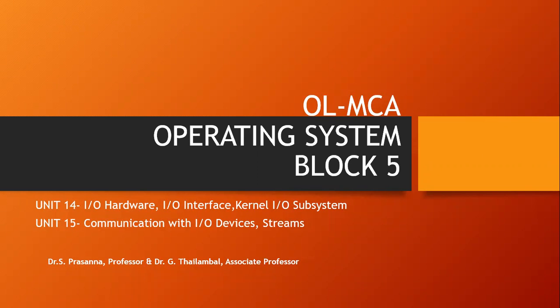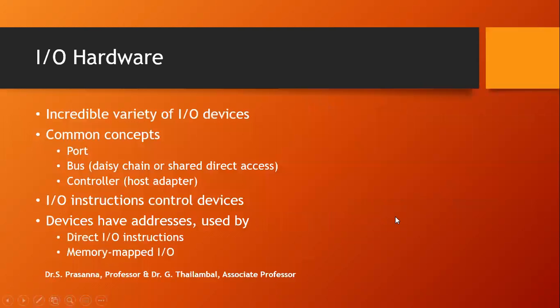Today we are going to see I/O hardware, I/O interface, kernel I/O subsystem, and communication with I/O devices and streams. I/O hardware: there is an incredible variety of I/O devices available.